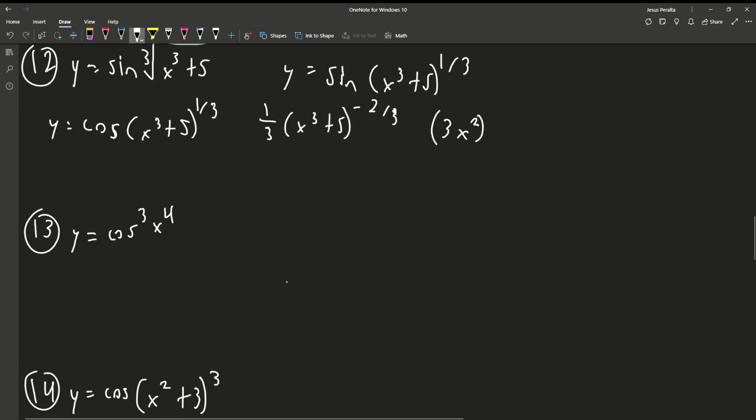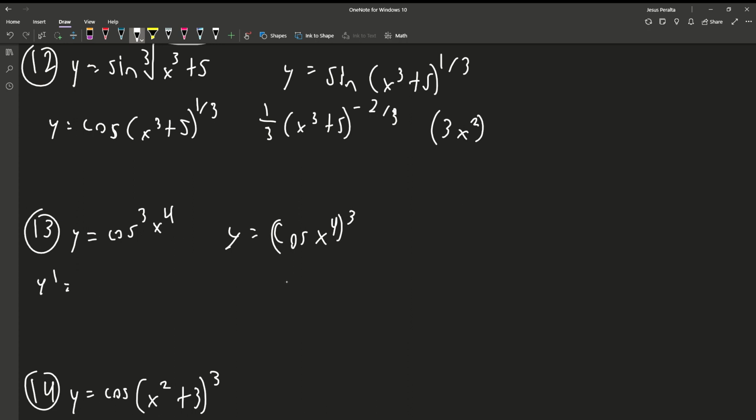And then right here, you could rewrite this as cosine of x to the power 4, to the power 3.